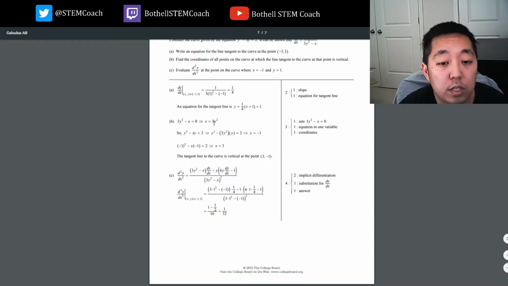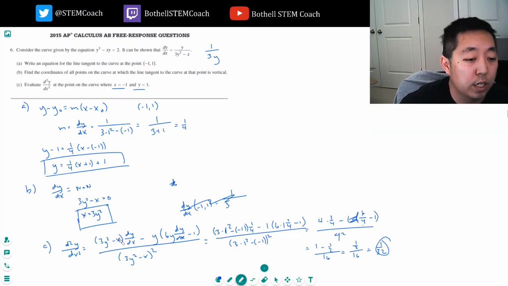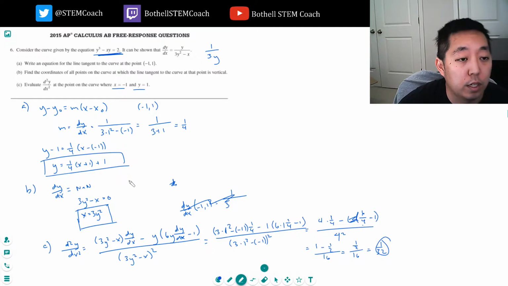I set that equal to 0, but I did not solve for the exact point. I should have gotten x equals 3. So I kind of messed up. What I was supposed to do here is I found this, but I know that this is the curve here. So if x equals 3y squared, and this equation is y cubed minus xy equals 2, then I can plug that in: y cubed minus 3y squared times y equals 2.